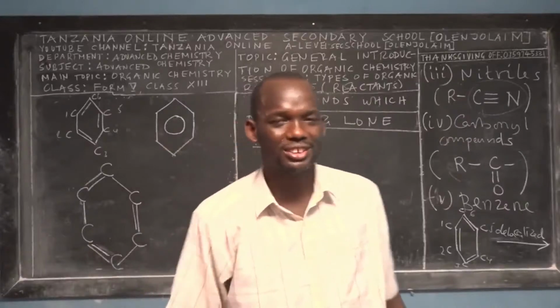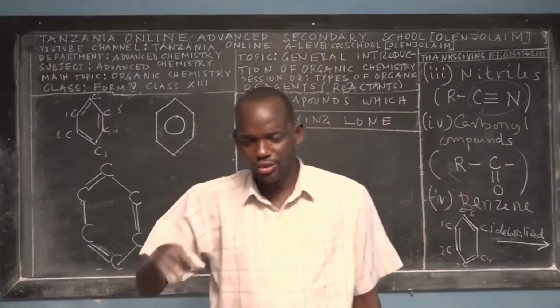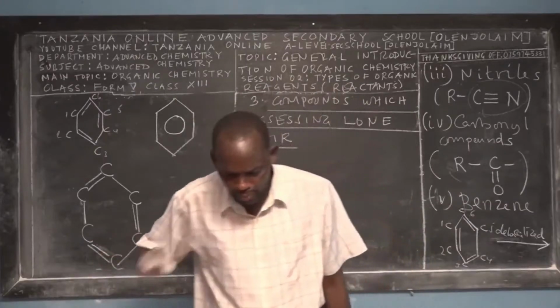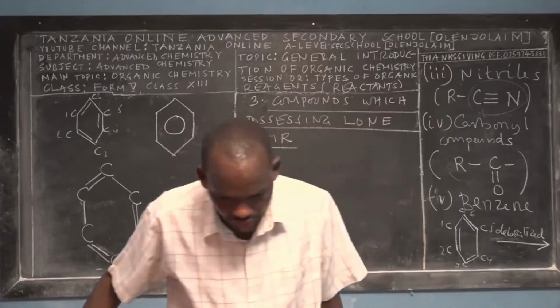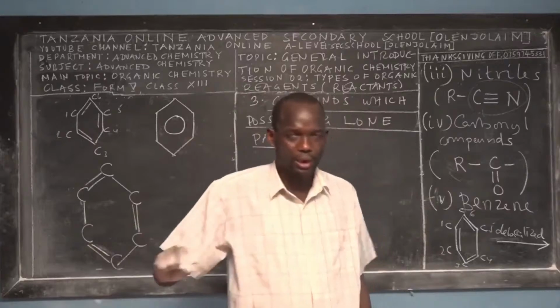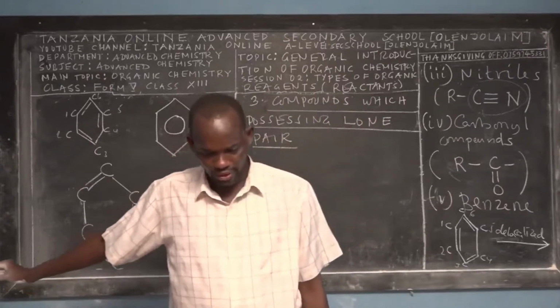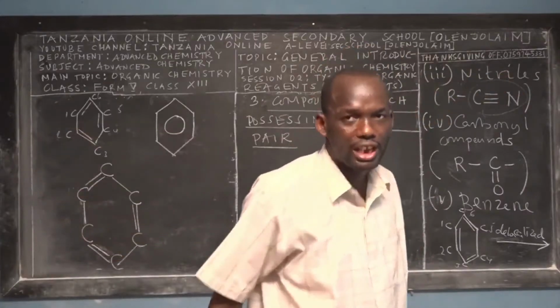Take 30 seconds to think. What is a lone pair? And don't only write the definition, go around it. What does this mean? Lone pair means these are two electrons. Pair is something two. Two electrons which are found in the valence shell of an atom.